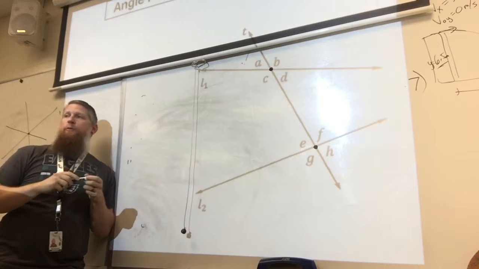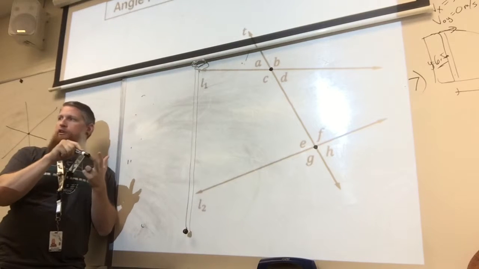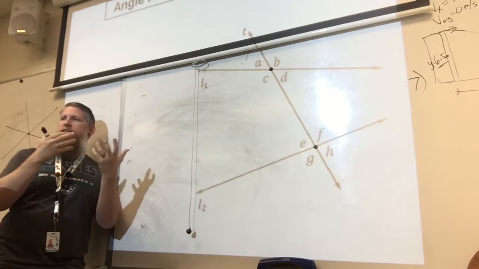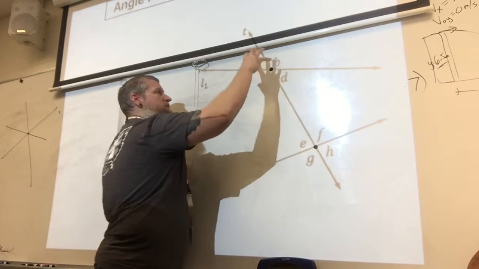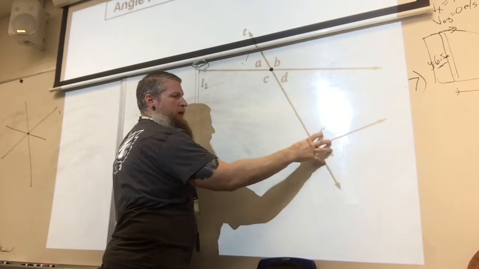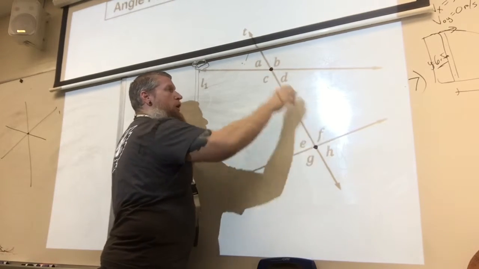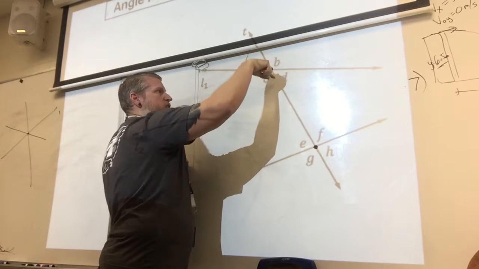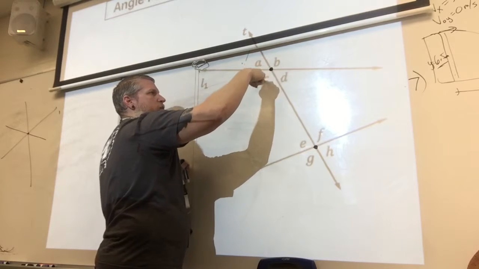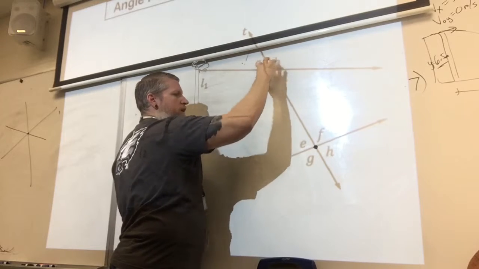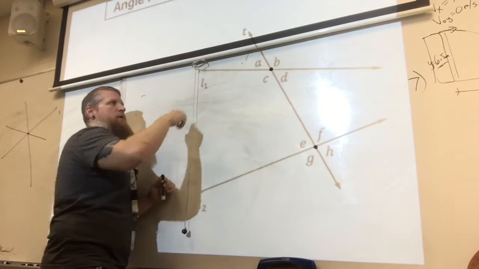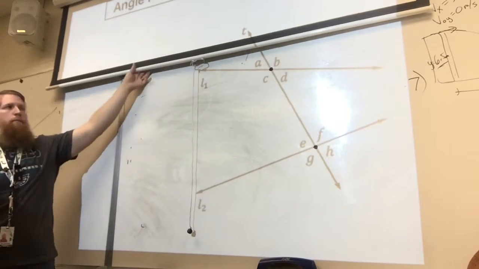So when they ask you about transversals and angle pairs, if you see those words together, they're asking you to take an angle at this intersection and pair it with one there. All the ones at a single intersection point would be your vertical angles and linear pairs. If you take one here and match it with one here, you're going to have some other terms that come along with it.